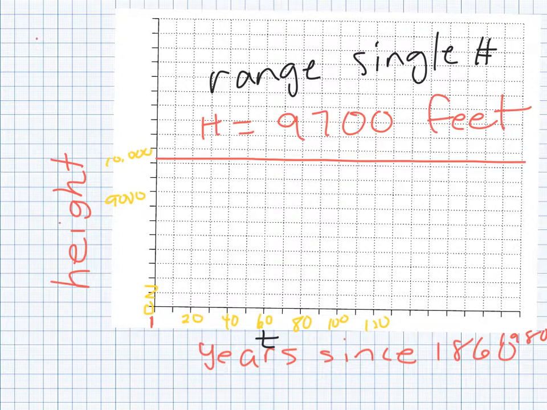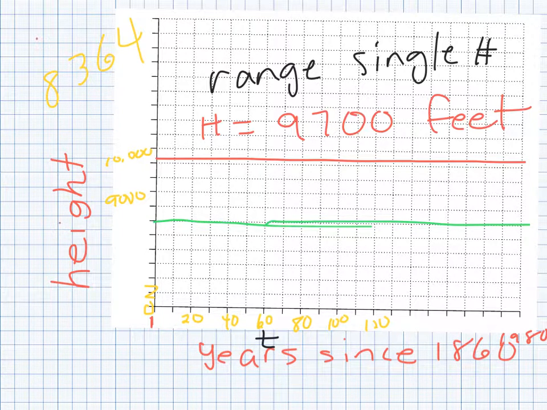The height of Mount St. Helens after the 1980 eruption was 8,364 feet. So it's obviously less. We'll put it right about there. So now, how would you write an equation that represents the height of Mount St. Helens after 1980?